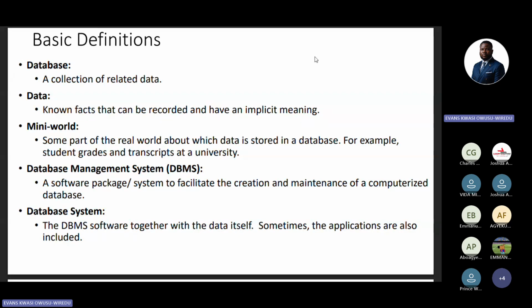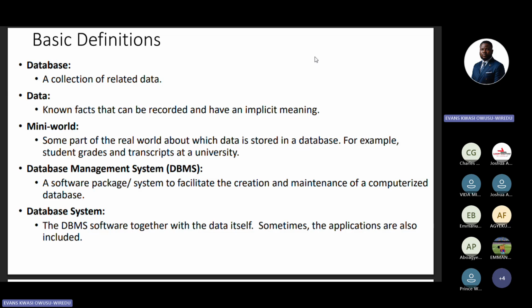In ending, unfortunately, I have to end. In a database system, the DBMS software, together with the data itself, is the system itself. So when we say the database system, we are talking about the software together with the data itself.